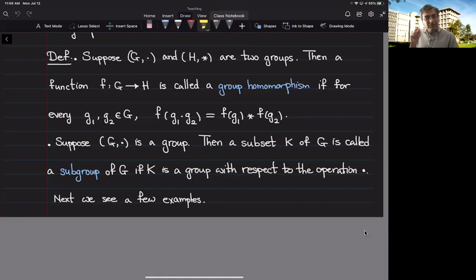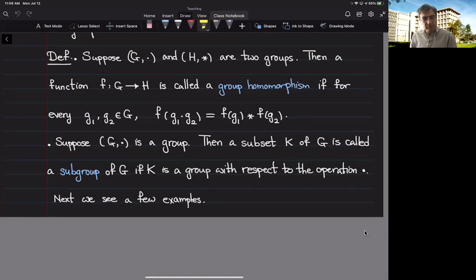If for every g1 and g2 inside the domain, f of g1 dot g2 is equal to f of g1 star f of g2, with the operation inside H. If I have a function f with this property, we call it a group homomorphism.